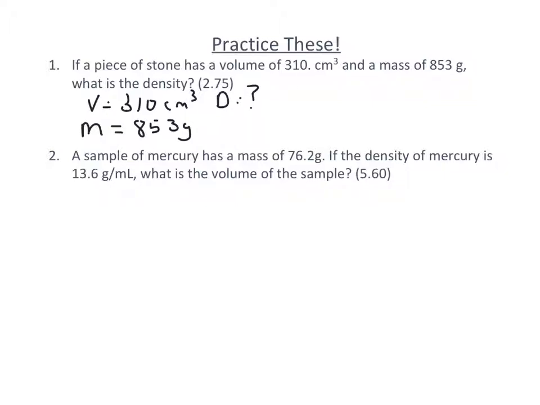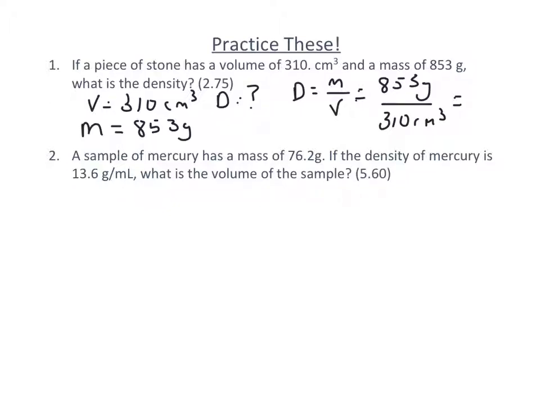So I know my equation is D equals M over V, and I'm going to plug those numbers in because my units are okay already. So that would equal 853 grams divided by 310 cubic centimeters. That equals, and again, my calculator comes up with a big number.